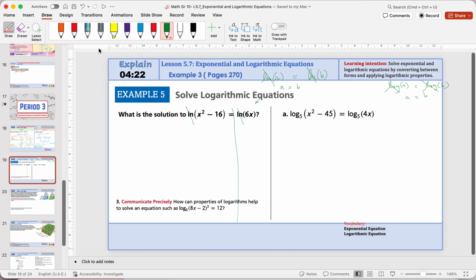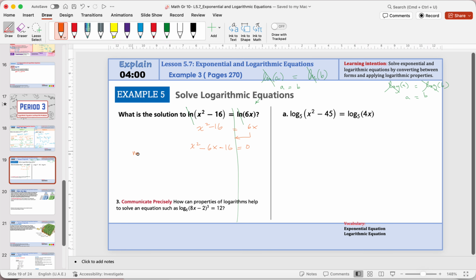So after crossing out the lns, you will have x squared minus 16 equals 6x. Put everything on one side. It's going to be x squared minus 6x minus 16 equals 0. I prefer to keep it in standard form, that's why I put the negative 6x in the middle.